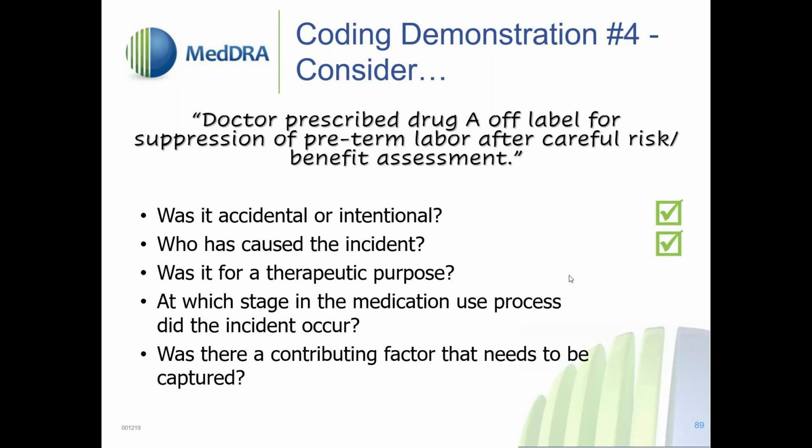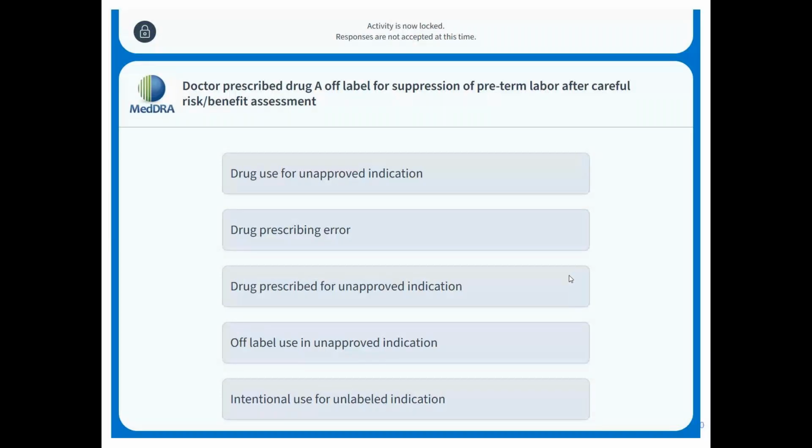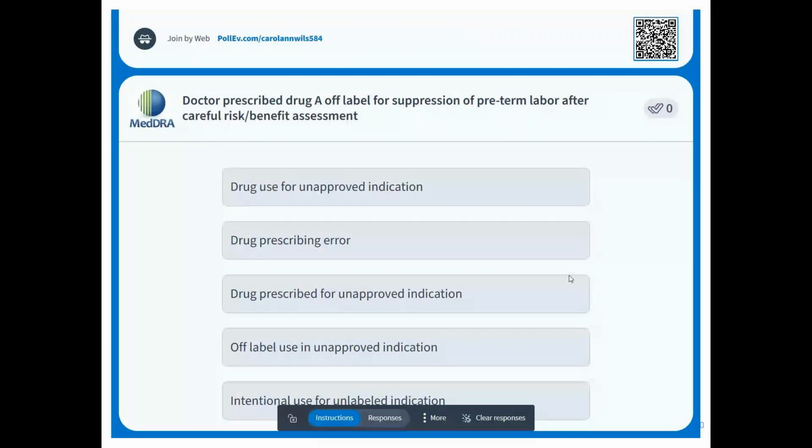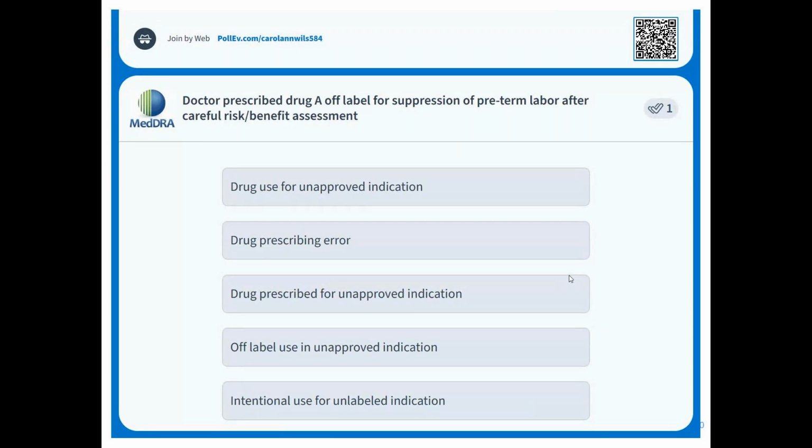Was it in the framework of therapeutic use of the product? Yes, it was. We also know the stage where the issue occurred. Yes, at the stage of prescribing, the drug was prescribed off-label for a patient suffering preterm labor, but again, no contributing factor was mentioned. So again, your turn. How would you code this scenario? Doctor prescribed drug A off-label for suppression of preterm labor after careful risk-benefit assessment.